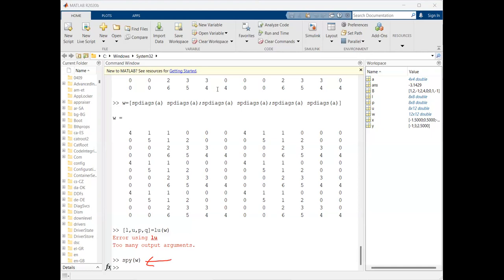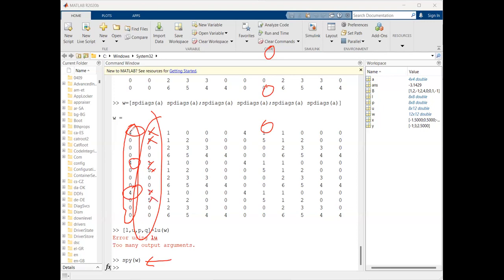For instance, if we take W and look at the first column, we have a non-zero point here, here, and here, and you can see the corresponding non-zero points. If we go to the second column, we have several non-zero points, and you see the same pattern in the spy. So this gives us an idea of how the matrix looks.